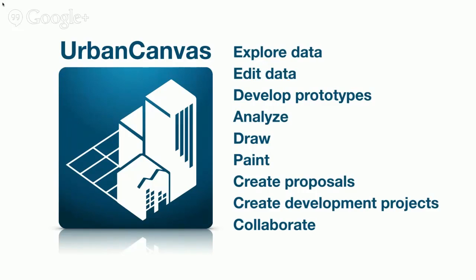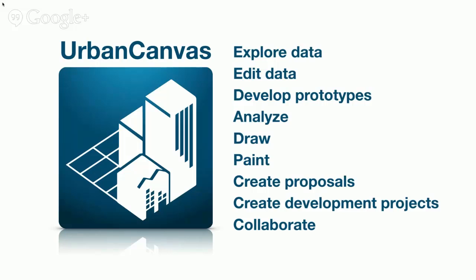A little bit more about exploring data in UrbanCanvas, how we can use the tool to edit data, and then a lot more about our development type idea and how that can be used to develop prototypes, what the interface actually looks like in the software and what that suggests for how you can use it.